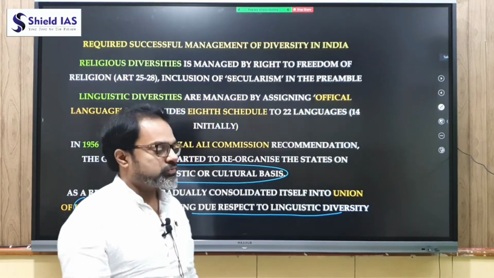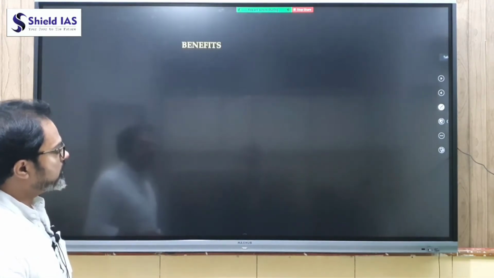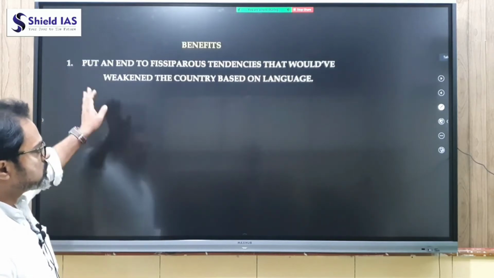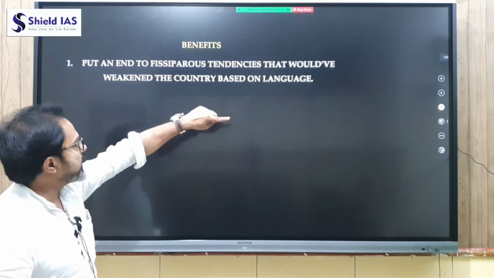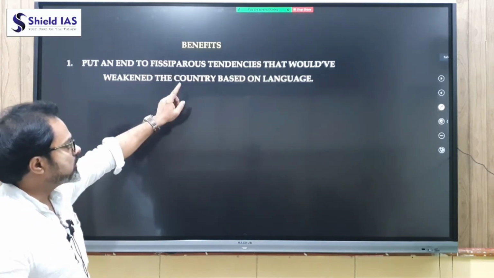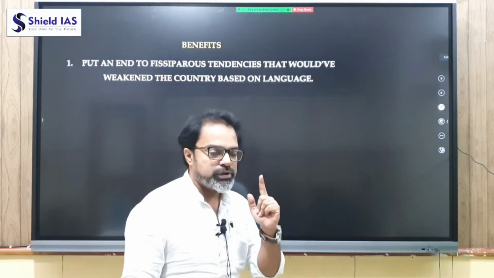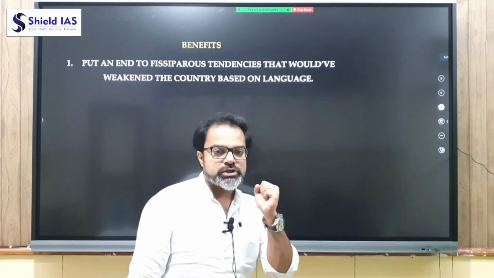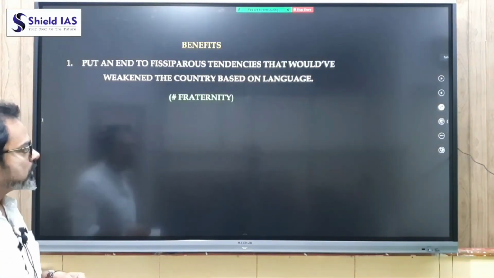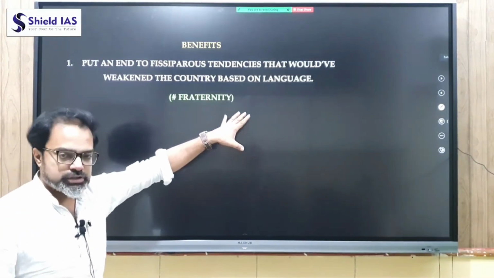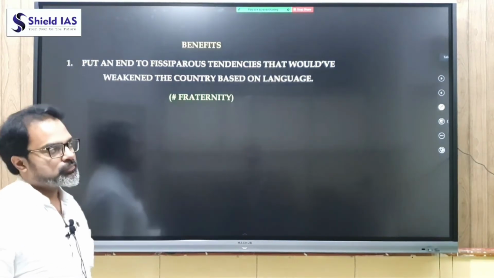Now what did we achieve from this? The benefits. First of all, it put an end to fissiparous tendencies that would have weakened the country based on language. We prevented rebellious tendencies based on language and cultural identity. Hence we ensured fraternity for the nation, which is there in the Preamble of the Constitution.